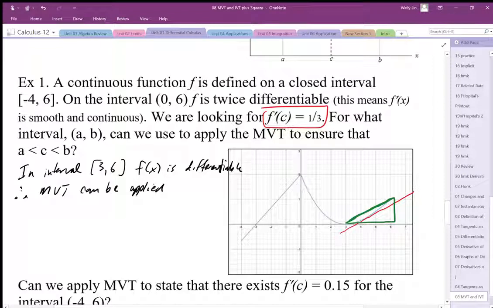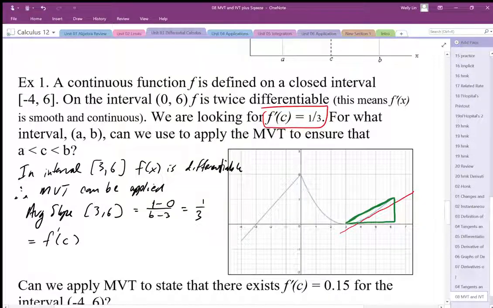The average slope in the interval 3 to 6 is going to be 1 minus 0 over 6 minus 3, which is equal to 1/3. And so the average slope equals the instantaneous slope at some point C, where we know that C must exist between 3 and 6.